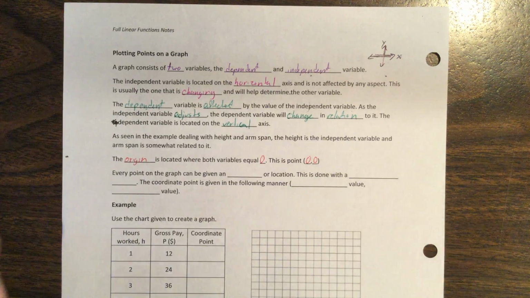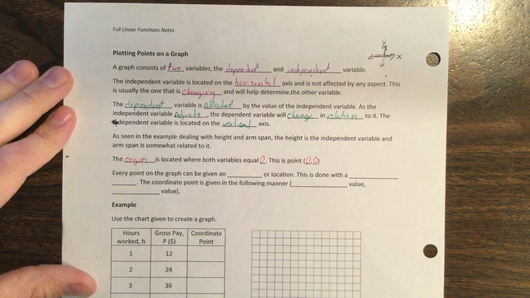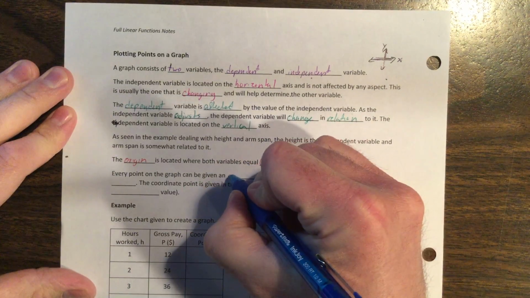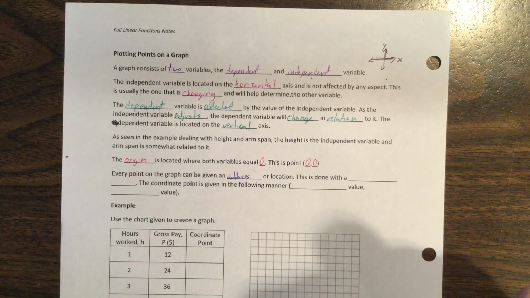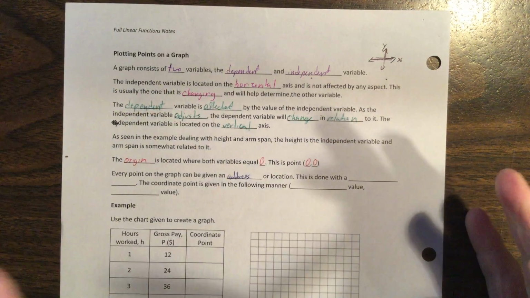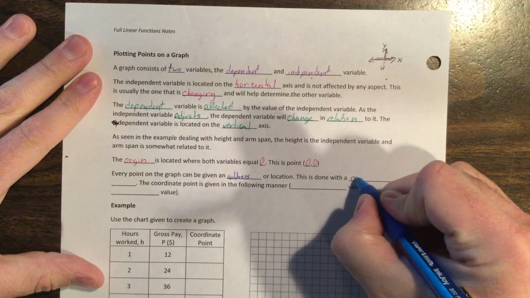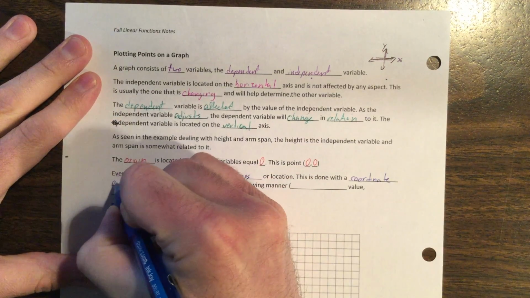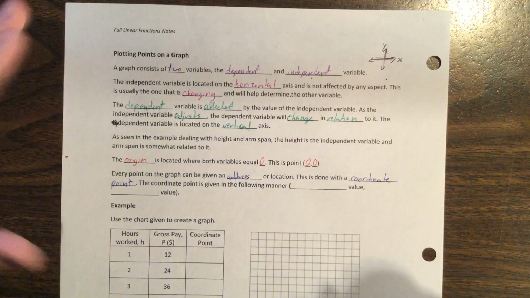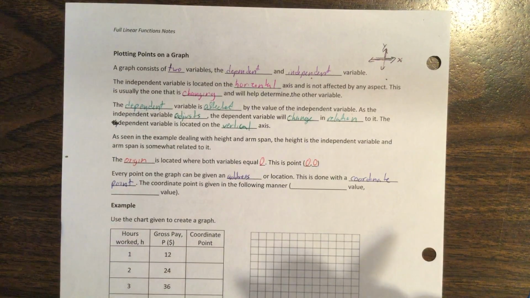Now, the final little thing there is that every point on the graph will be given some address, or location. And we have a name for this, and we call it a coordinate point. This is the location of any point on the graph.